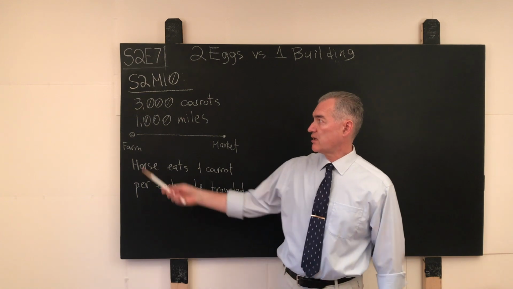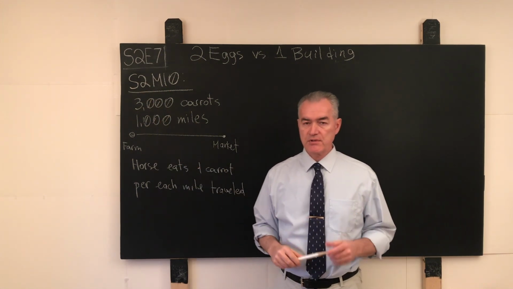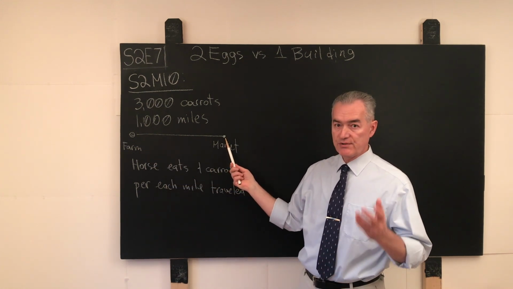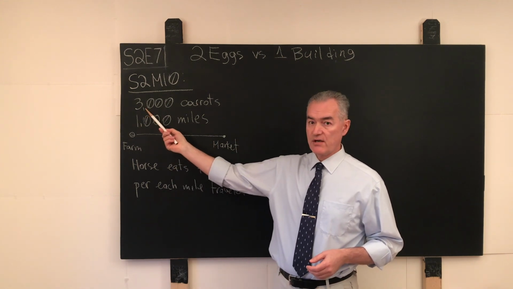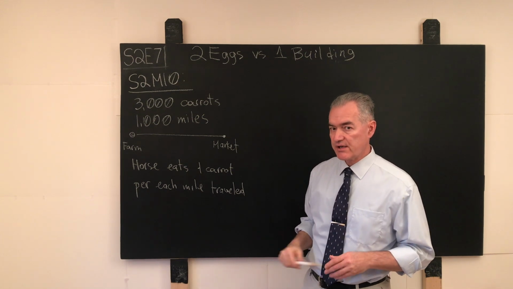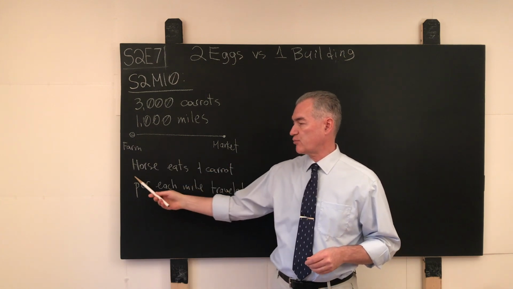As such, in the mathematical problem S2M10, we're told that once upon a time there lived a farmer on a farm that is 1,000 miles away from the nearest market. The farmer once collected a harvest of 3,000 carrots, and he or she wants to sell these carrots at the market that is 1,000 miles away by delivering these carrots with the help of a horse.